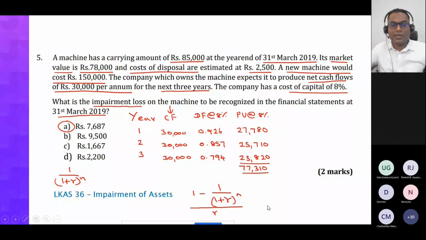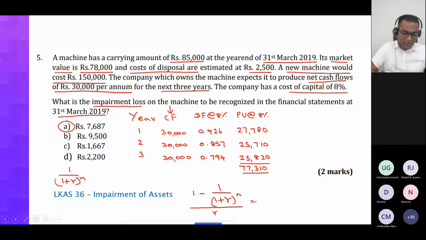If you use this particular formula, you can get the annuity factor. Again, R is 8%, and N, in this case for 3 years, would be 3. 1 minus (1 plus r) to the power minus n. You take the answer and divide the entire thing by r. So you get the annuity factor.